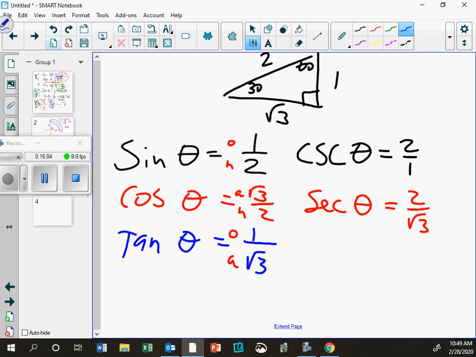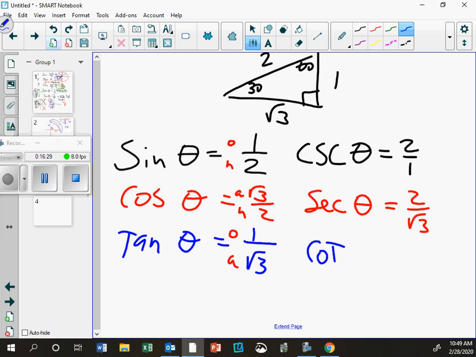There's tangent. Maybe I didn't emphasize it enough. There was sine and cosine. There was secant and cosecant. Okay, there's tangent and there's cotangent. There you go. Those things are called cofunctions, but we abbreviate with 3 letters, COT.